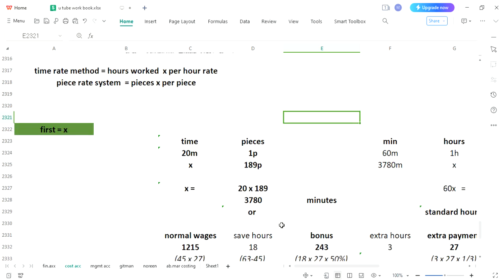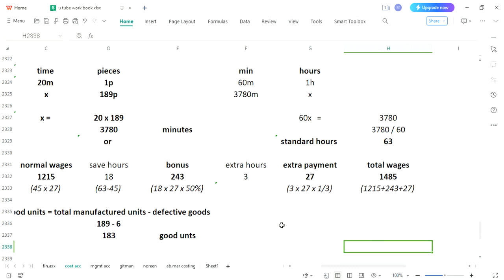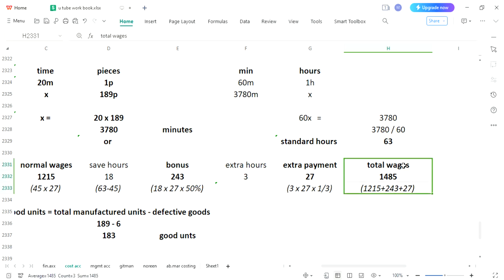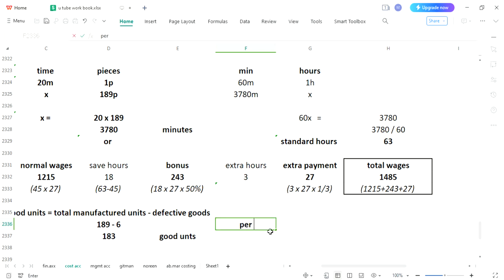How much labor cost for X have we calculated? The final answer which we have calculated was this total wages. Let's mark that this was our final answer. So we have calculated 1485 for X. So how would you calculate per good unit cost? It would be total wages divided by good units.